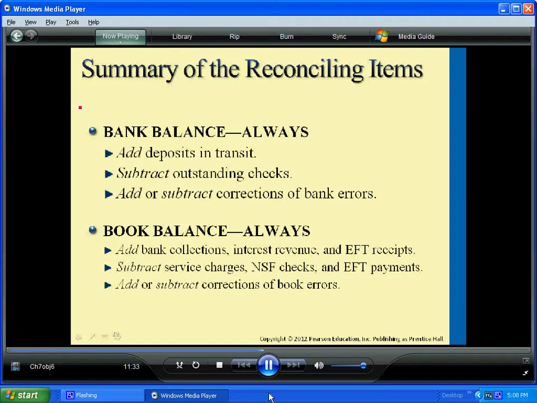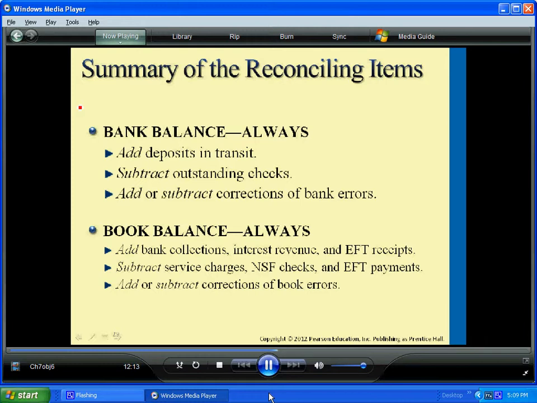On the book balance side, we're going to start off with the book balance, and add the bank collections, the interest revenue, and the EFT receipts. We're going to subtract service charges, non-sufficient fund checks, and EFT payments. And then we have to add or subtract for the correction of book errors.